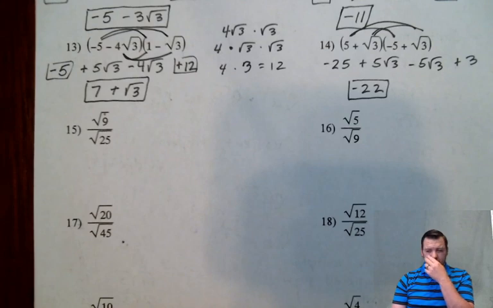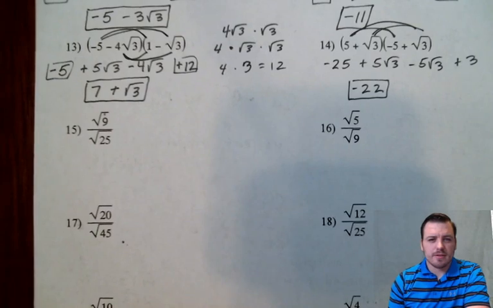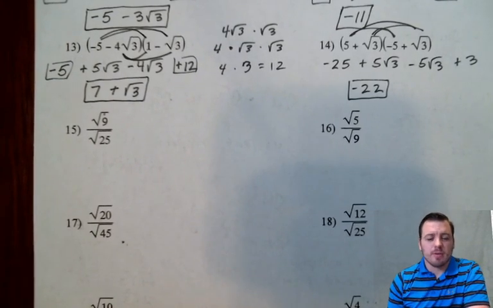Molly says 3/5. Kenny says 3/5. Okay, so just want to give you a chance to respond.